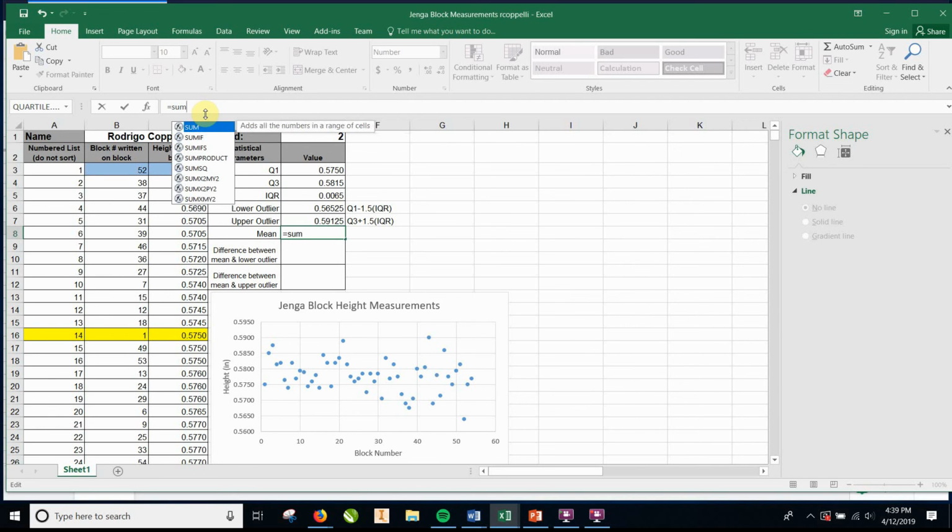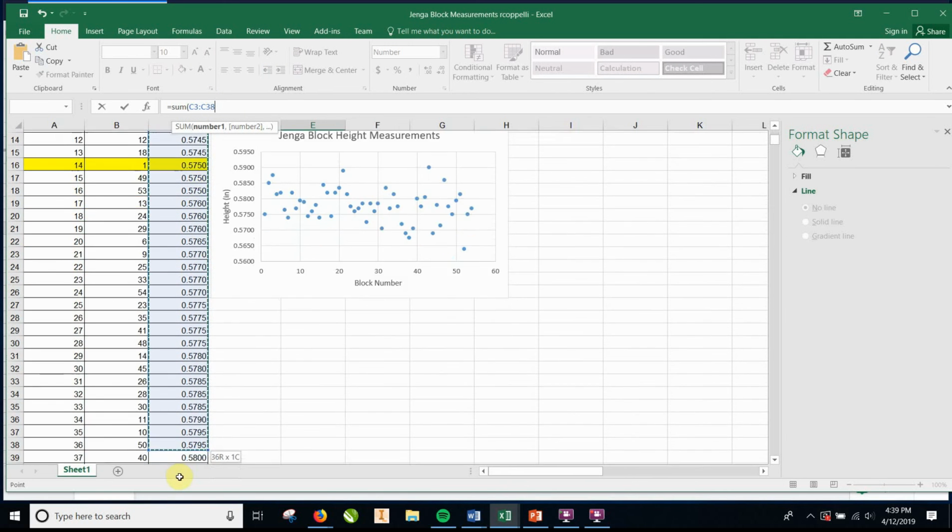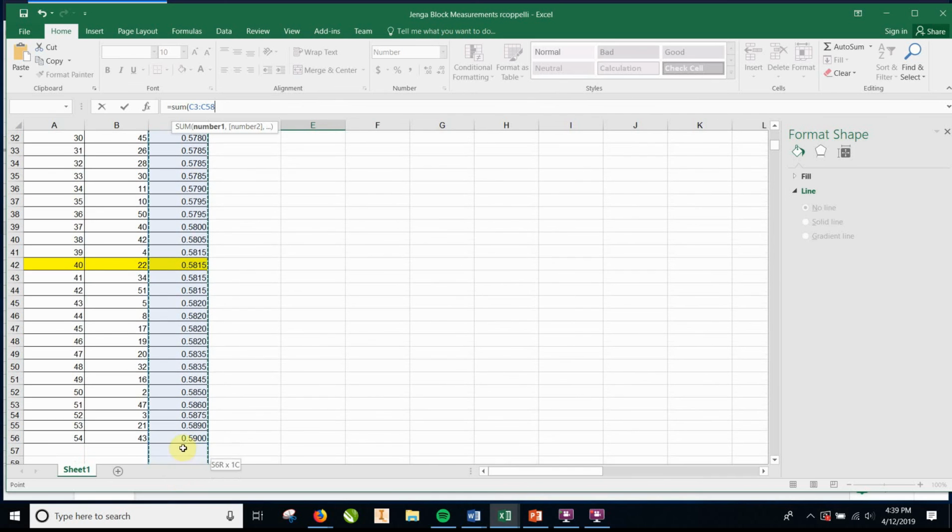So I'm going to do sum, and I'll put a left parenthesis, and then I'm going to highlight all the numbers up to 54. Okay, and I'm looking at this one. There's 54. Great, terrific.